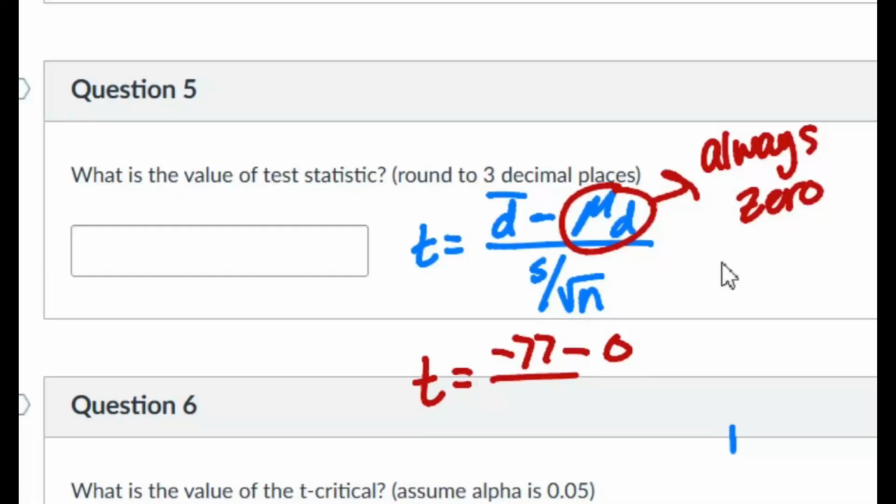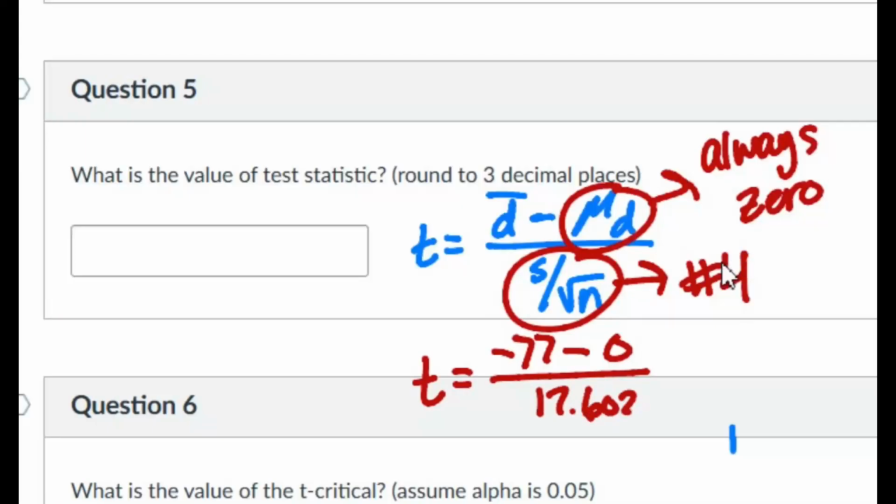I wrote minus 0. You obviously don't have to write that because it doesn't do anything mathematically. And then the standard error, we already found this on number 4. So that's 17.602.